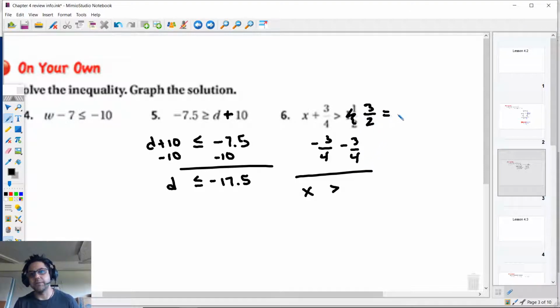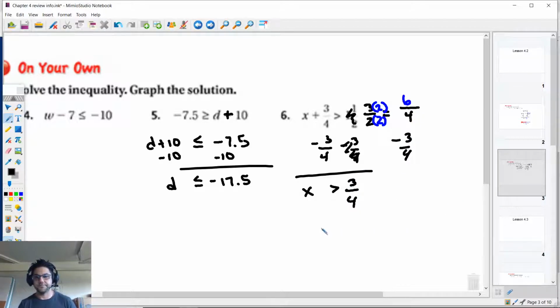So again, same denominator of 4. So 2 times 2 is 4, 3 times 2 is 6. So I have 6/4 subtract 3/4. If you need to, you can bring it over here. And that's just going to give me a 3/4.